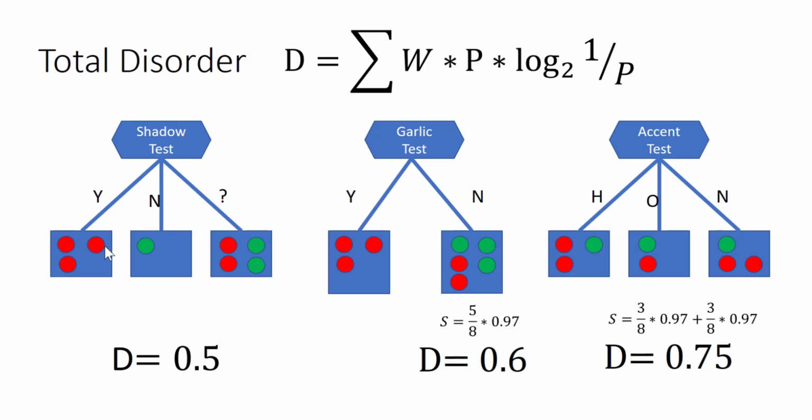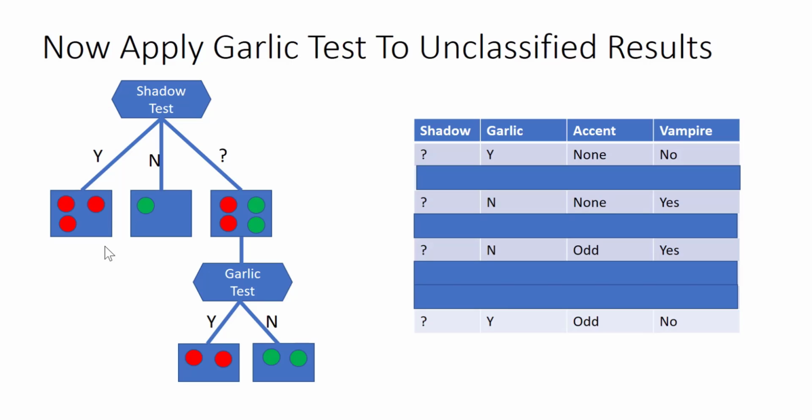We should apply that first. Now let's see what happens if we do that. If we apply the shadow test first, we get this result. And now we can apply the garlic test to this box. And again, now we've got no disorder at all. So that's the order that we should apply these tests.